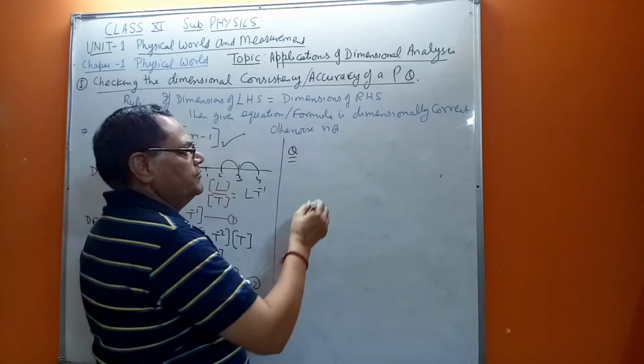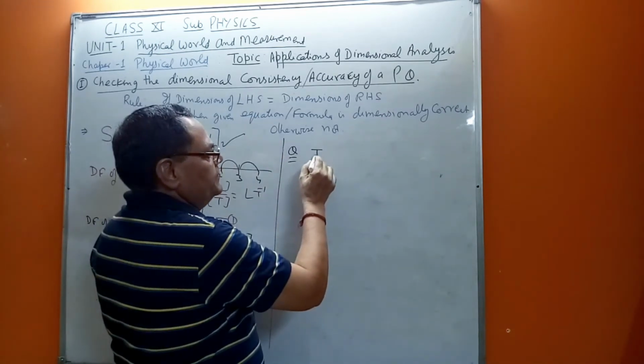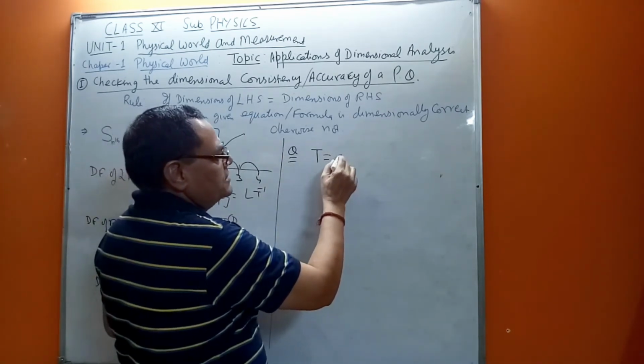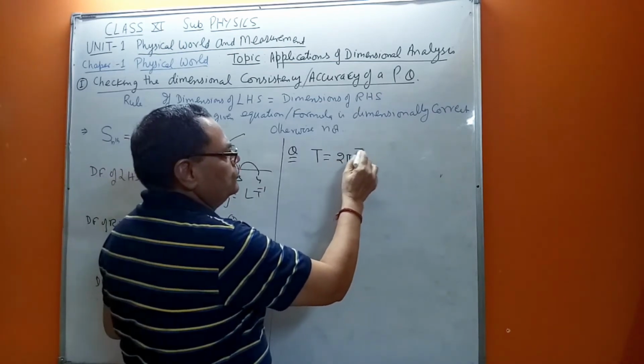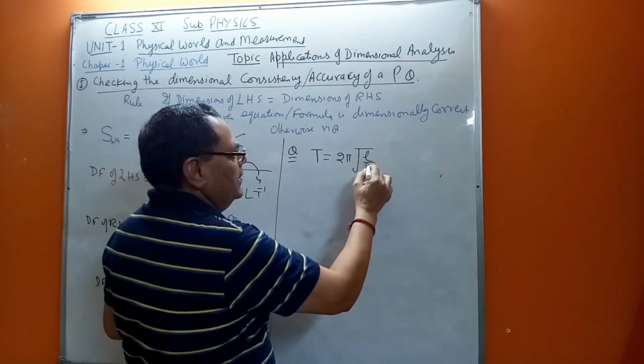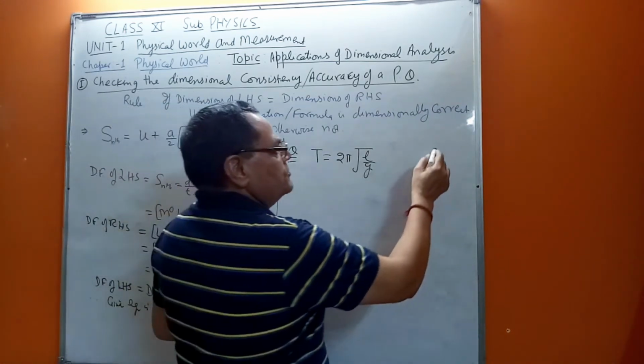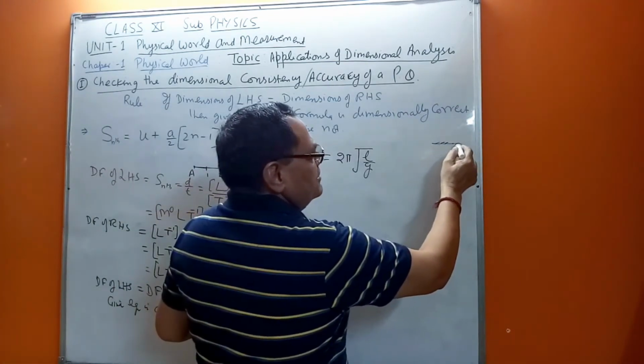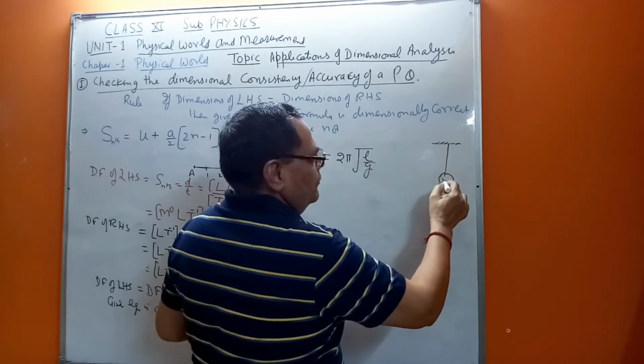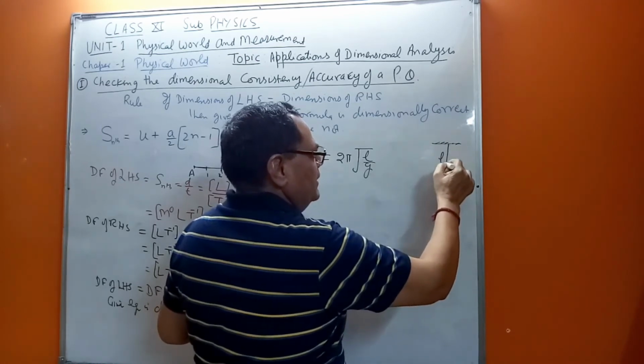We will discuss the time period T of a simple pendulum, which is equal to 2 pi under root L upon G. There is a support and this is the bob of mass m, and L is the length.